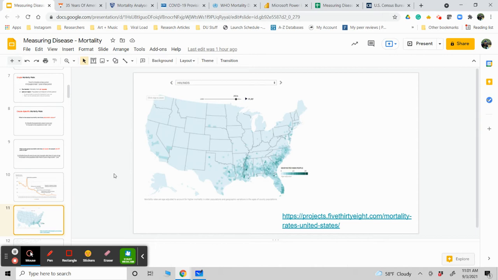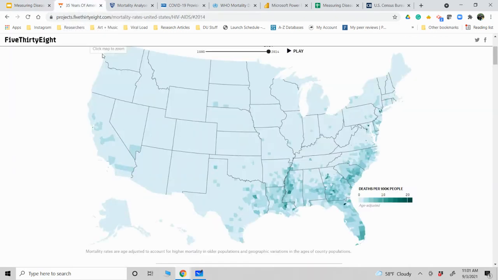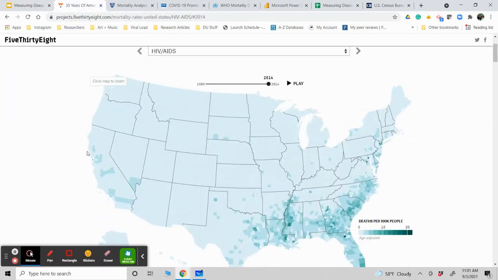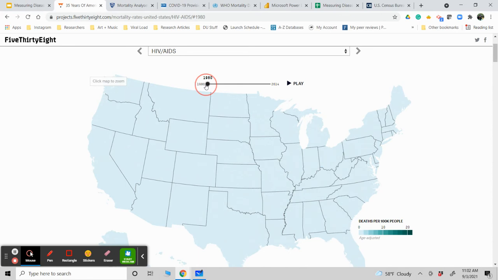You can also use this tool to understand geographic differences. So let's look at this figure, which maps the mortality rate per county for HIV/AIDS in the United States. So let's take it back to 1980.